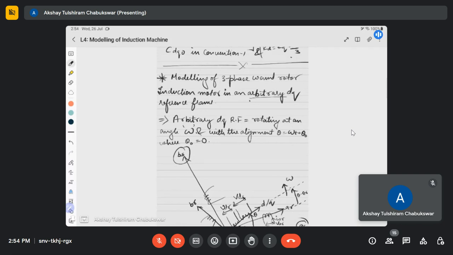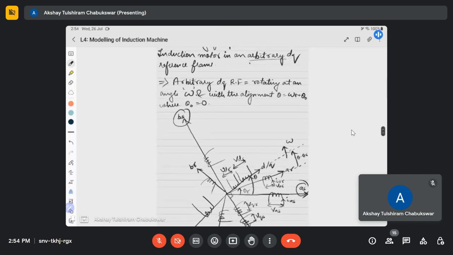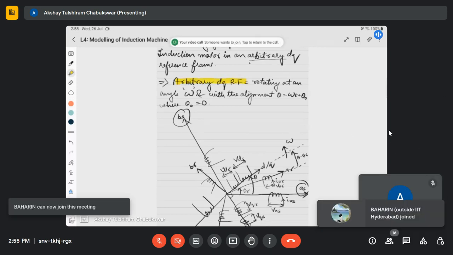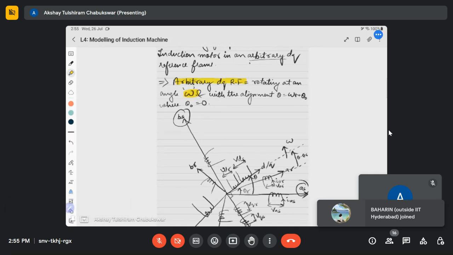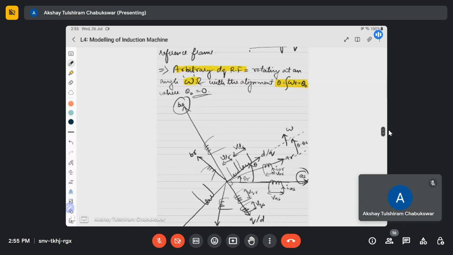Omega is the rotating speed and theta is the instantaneous angle of that DQ reference frame. The arbitrary DQ reference frame is defined as any reference frame rotating at omega and whose instantaneous position is given by theta, which is the integration of omega t plus theta naught, where theta naught, let's assume the initial angle, is 0 degrees.